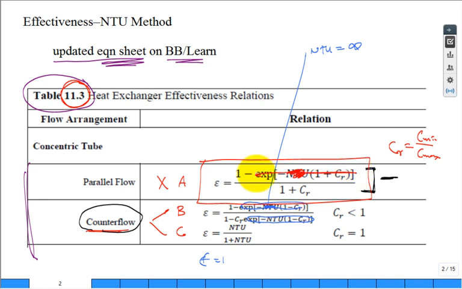So all of this is 0. So the effectiveness boils down to 1 over 1 plus C sub R. If the mass flow rate of the cold is 8 times that of the hot, what is C sub R? 1/8.